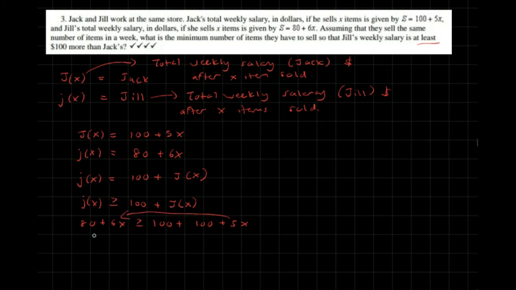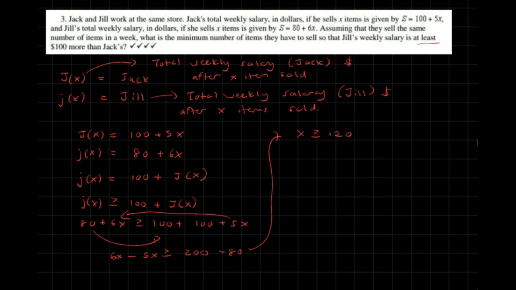I'm going to move the 5X to this side and the 80 to the other side. So you get 6X minus 5X is greater or equal to 100 plus 100, which is 200, minus 80. So in this case, we get X is greater or equal to 120, right?